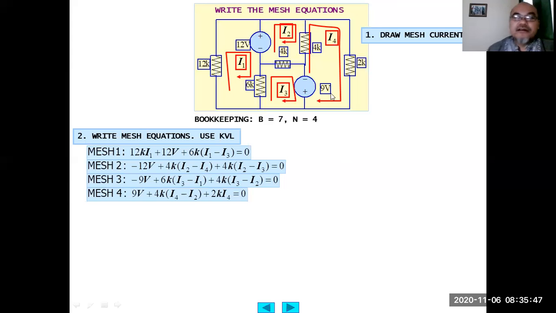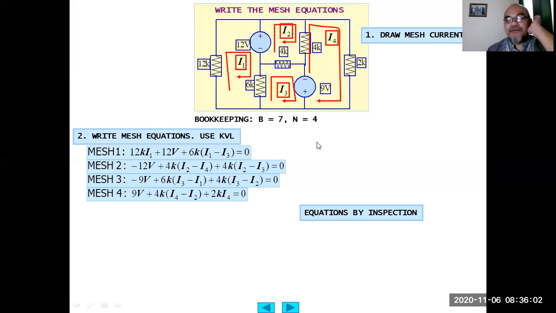At mesh 4, if we depart from this node, there's a voltage drop here, so plus 9 volt plus 4K I4 minus I2 plus 2K I4 equals 0. So we have 4 equations with 4 unknowns, I1, I2, I3, and I4.